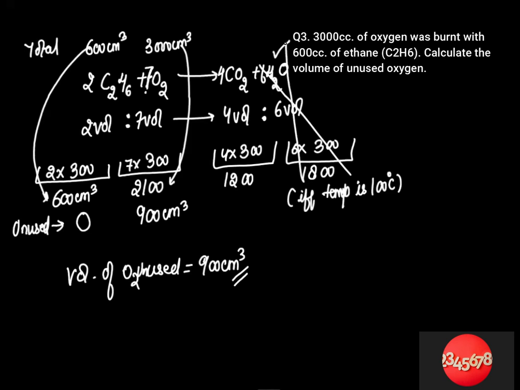If the temperature of the reaction decreases, then water will condense to form liquid water. If it is 100 or above, water stays as vapor. If it is water vapor, is it solid, gas, or liquid? Gas. Then Gay-Lussac's law can be applied. But if the temperature is less than 100 degrees Celsius, water cannot follow what? Gay-Lussac's law.